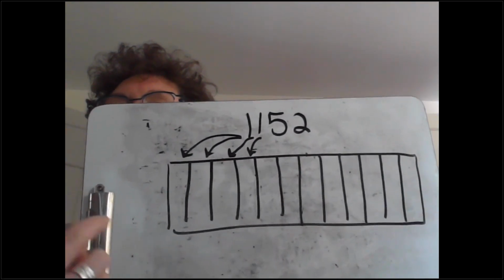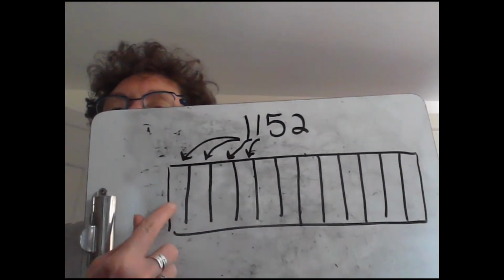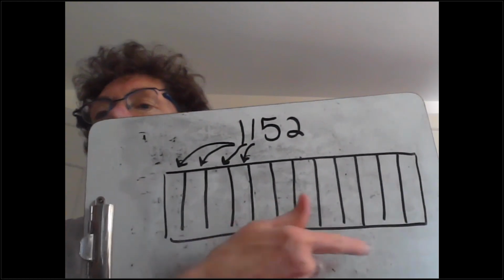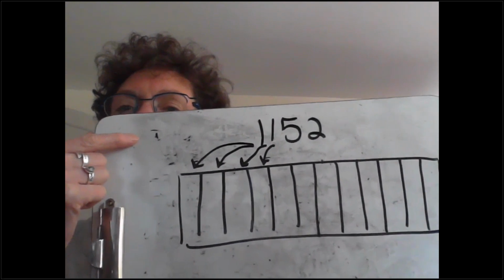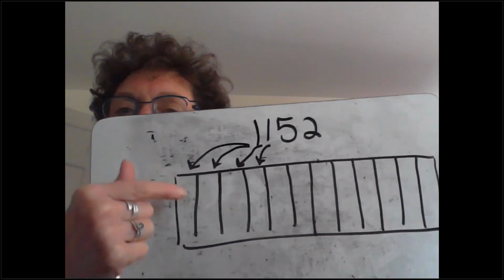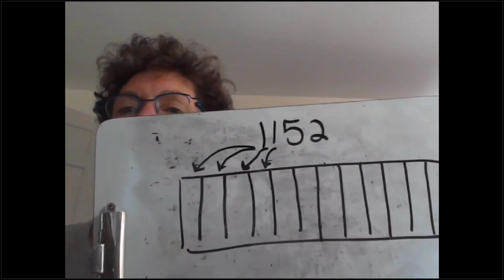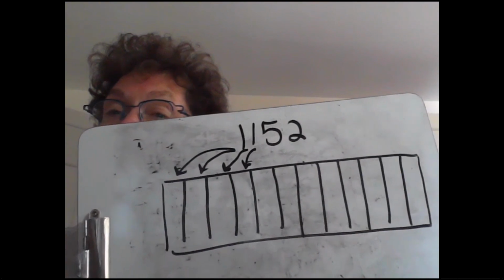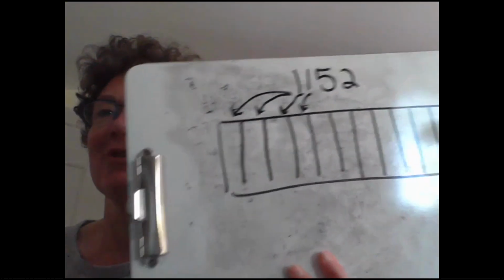And I drew a bar and put 12 blocks in it. 1, 2, 3, 4, 5, 6, 7, 8. There's 12 there. And I know that I have $1,152. And I'm trying to figure out how much goes into each month so that I know how much money I have to spend each month. That's what this problem looks like to me. Be interested to know what this problem looks like to you.